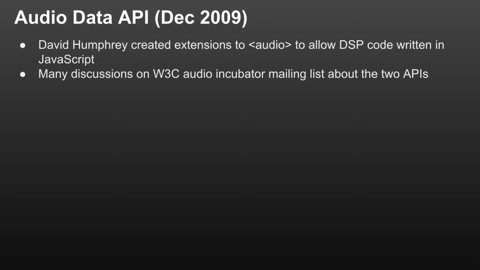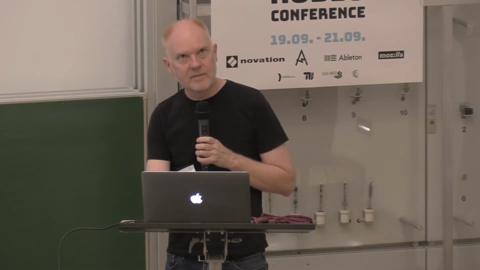And I realized that we would need to have a way to process DSP code directly in JavaScript. In my very first version of the spec, I'm not sure, I may have mentioned a JavaScript audio node, or maybe in a few weeks or months after that, I added it to the spec because I knew we had to have a way to process directly in JavaScript.